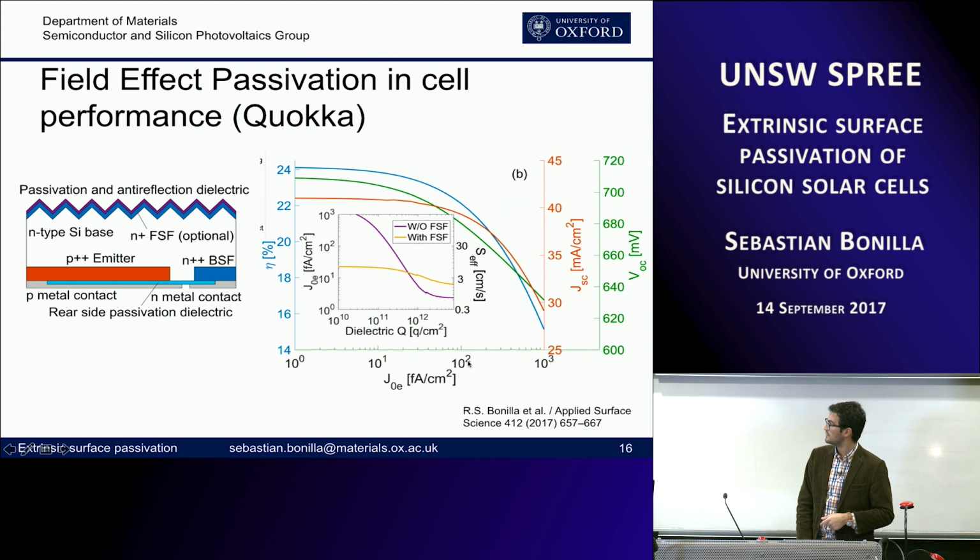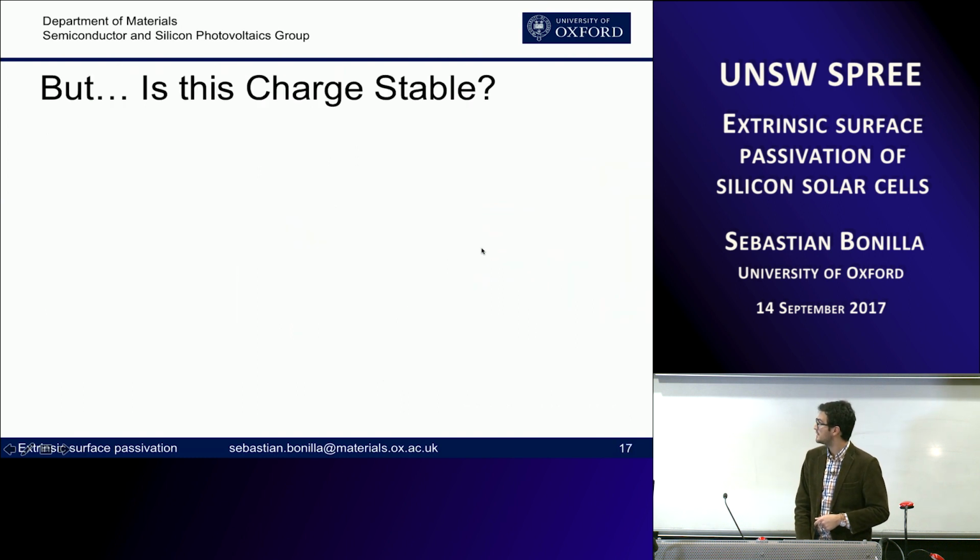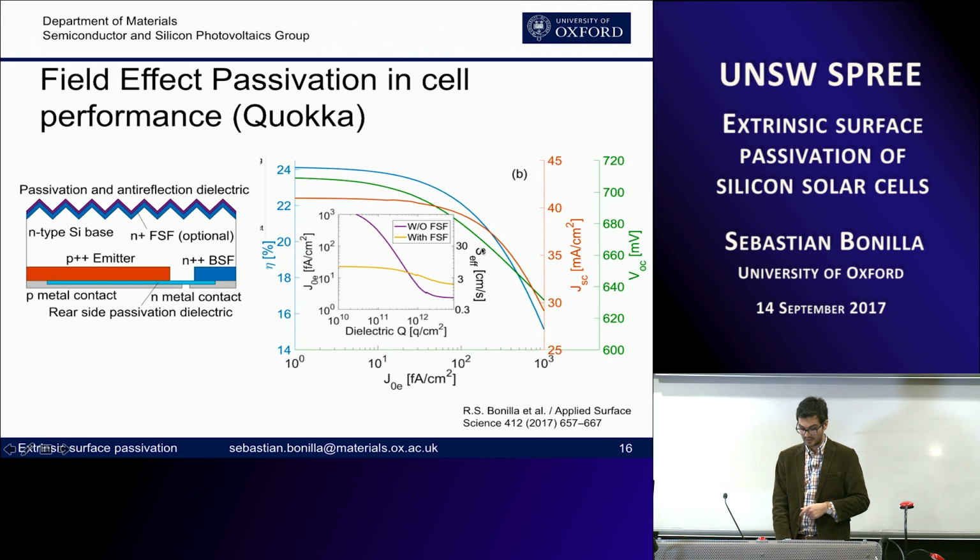But once that goes above, say, 20 or 30, then the performance of that cell actually quite rapidly decreases with the quality of your front surface passivation. So that's an important part to consider there.